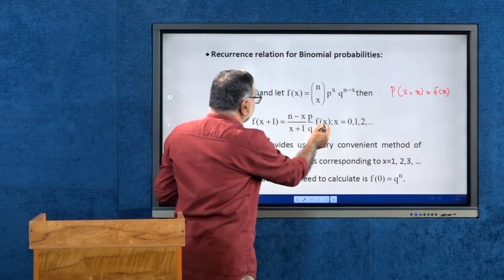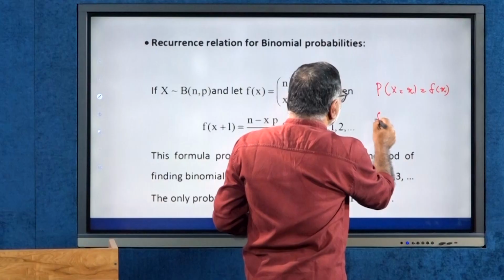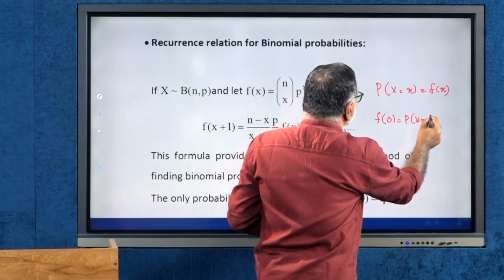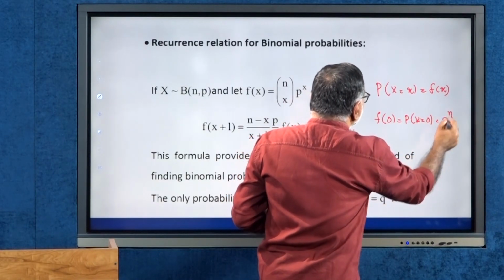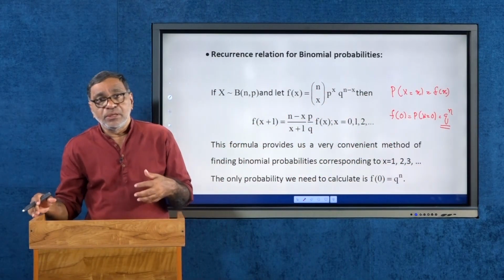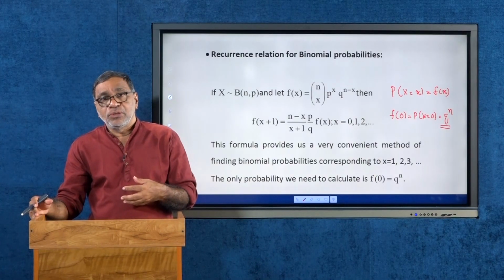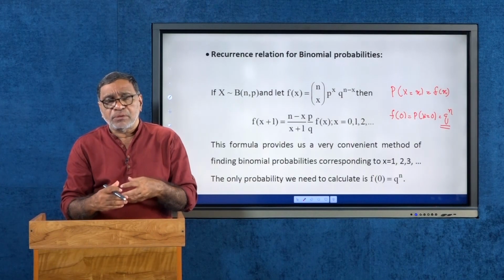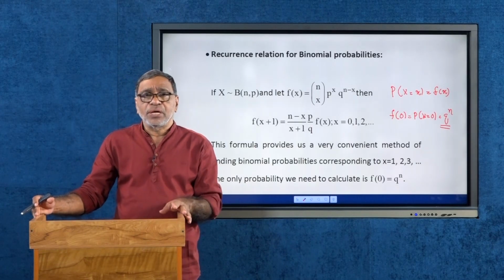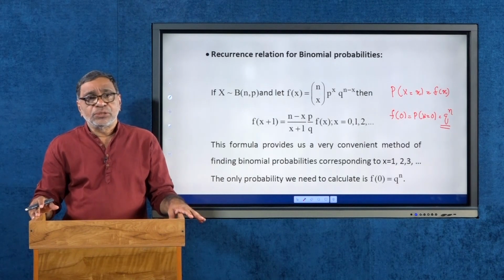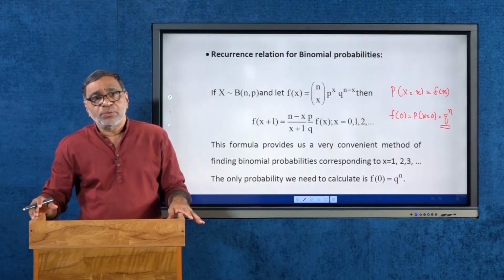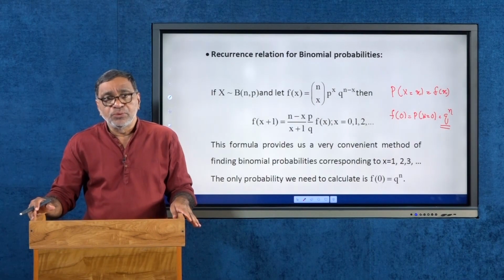And of course, f of 0, that is probability of X equal to 0, is equal to q power n. So, if q power n is known to you for a binomial random variable, without calculating other binomial probabilities using the usual expression, it is possible to find the binomial probabilities using the recurrence relation f of x plus 1 is equal to (n minus x) divided by (x plus 1) into p by q into f of x.